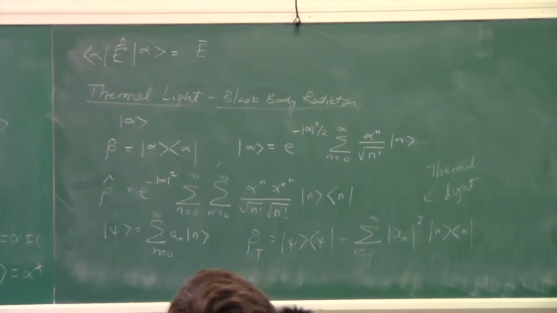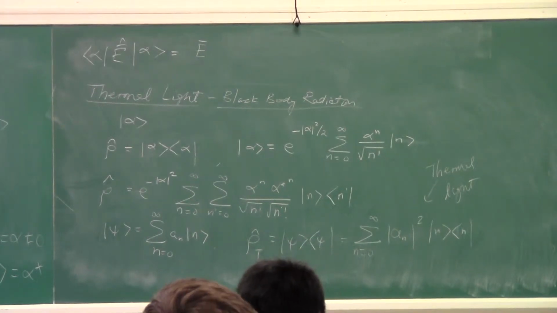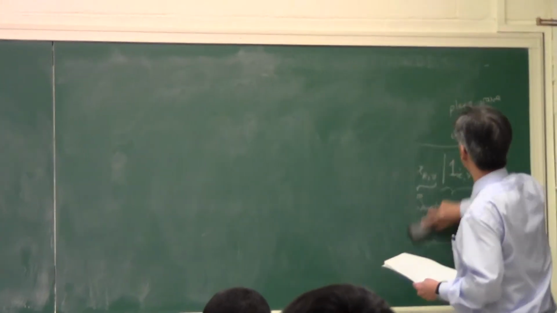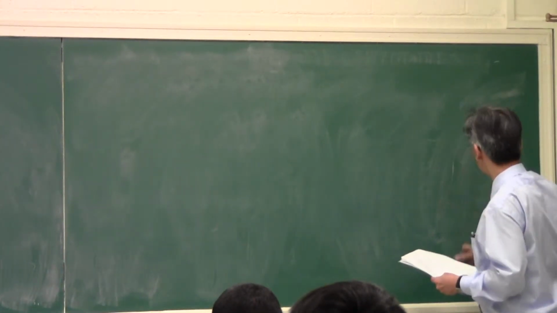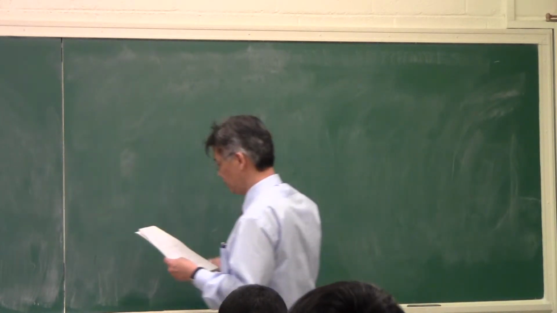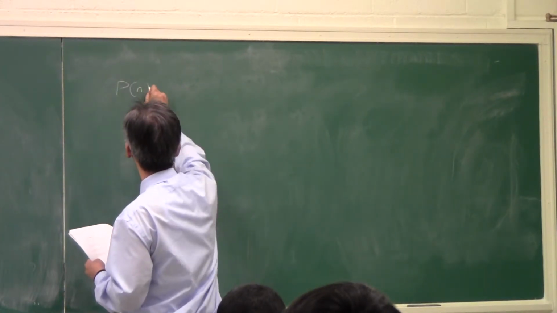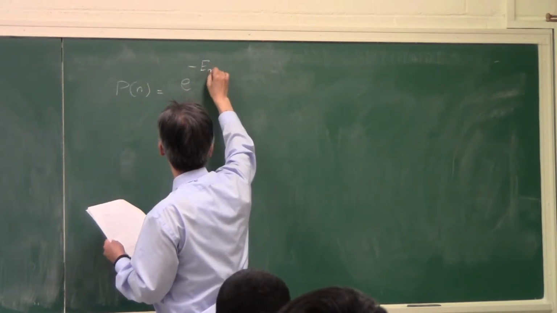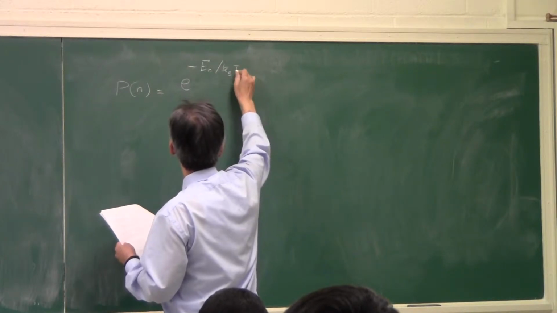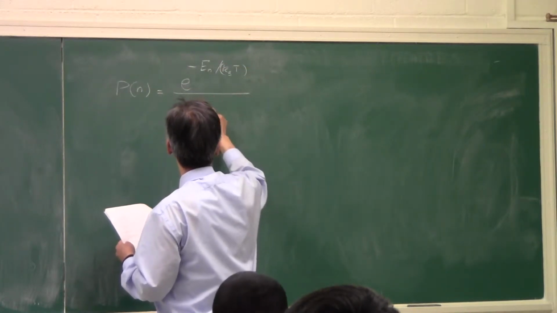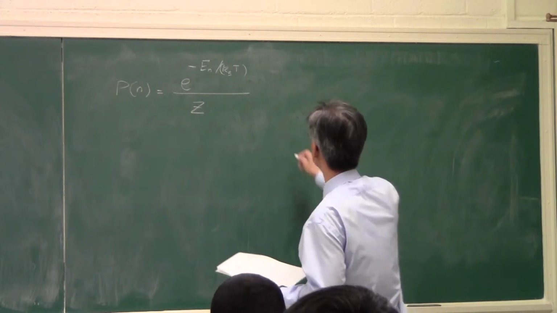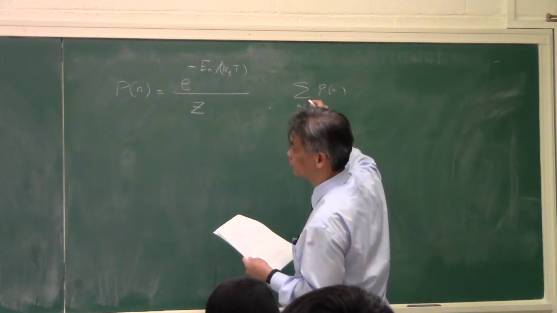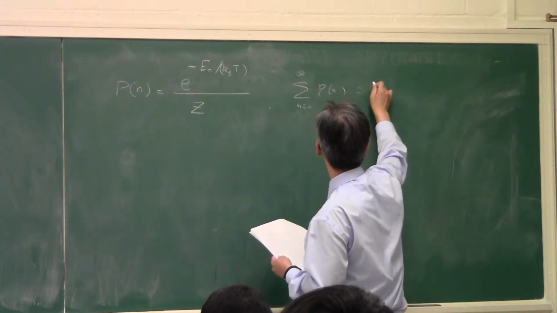So we have to invoke the Boltzmann law. The Boltzmann law says that if a state is in thermal equilibrium, then the probability of finding the system in that state is proportional to e to the minus the energy of that state divided by kBT, over Z. Z is a normalization factor, so that the sum over n equals 0 to infinity equals 1.